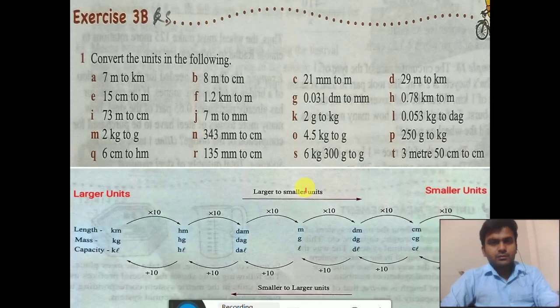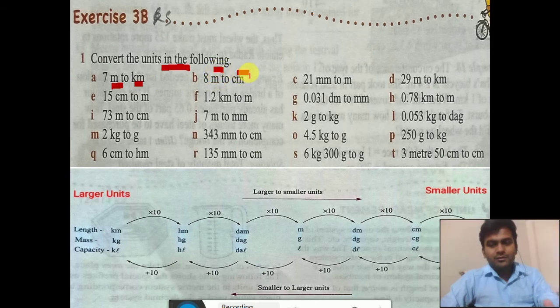Now exercise 3rd B: convert the following units. Now what we have to do, we have to convert meter into kilometer. And in question B, we have to convert meter into centimeter.